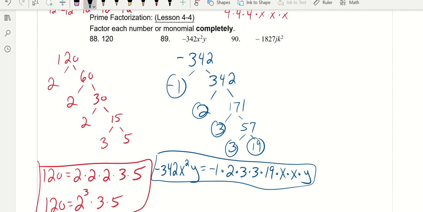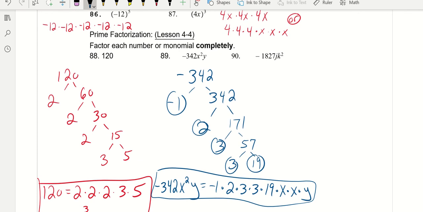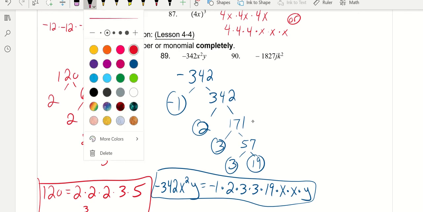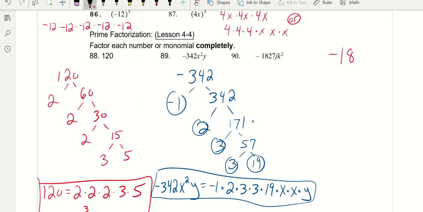Last one. Oh, it was a big number. Negative 1,827. Negative 1 and 1827. Let's check for 3. 2 plus 7 is 9. 9 plus 8 is 17. 17 plus 1 is 18.